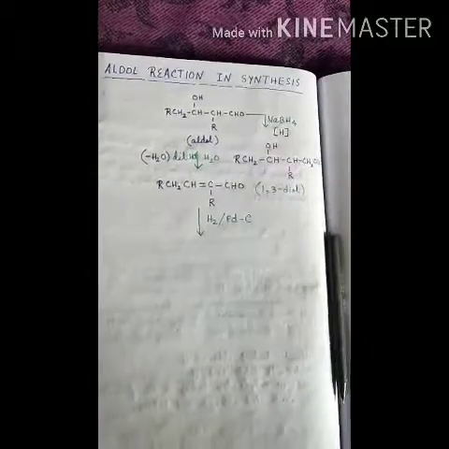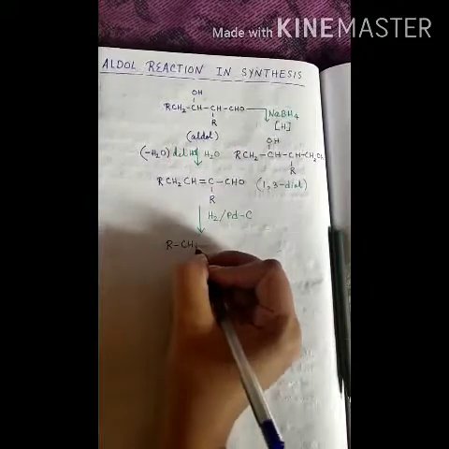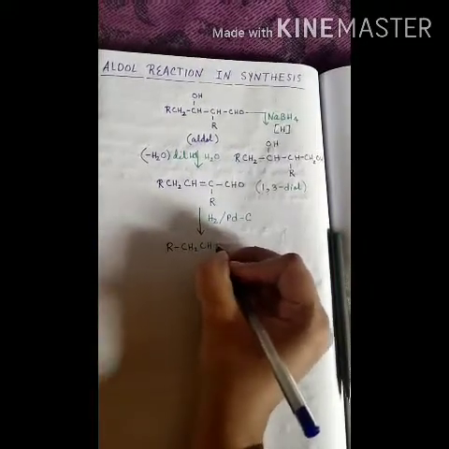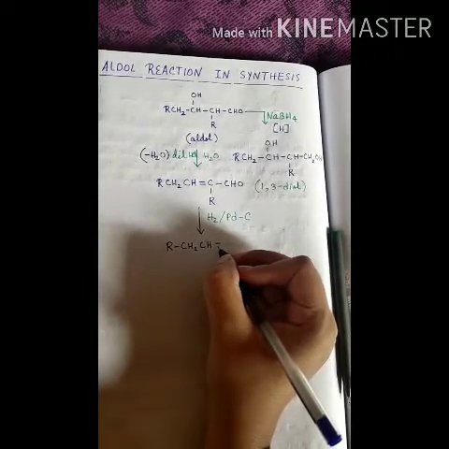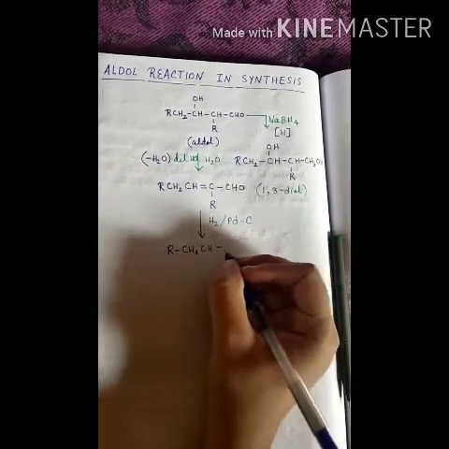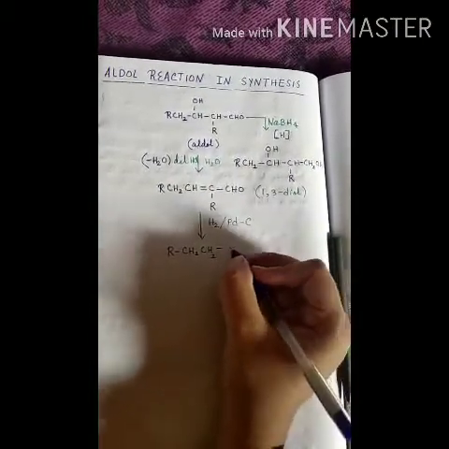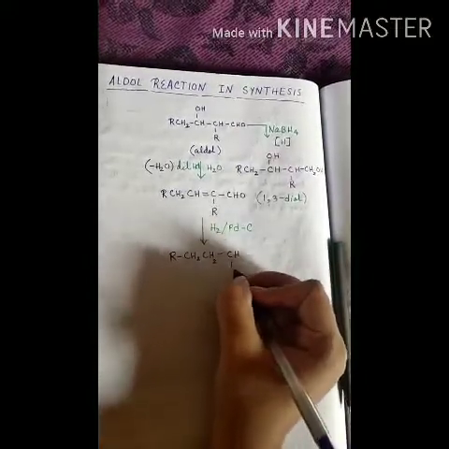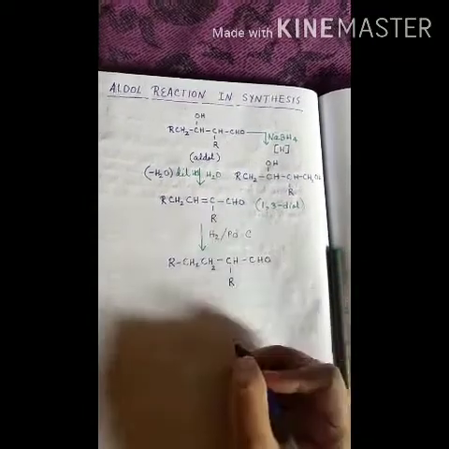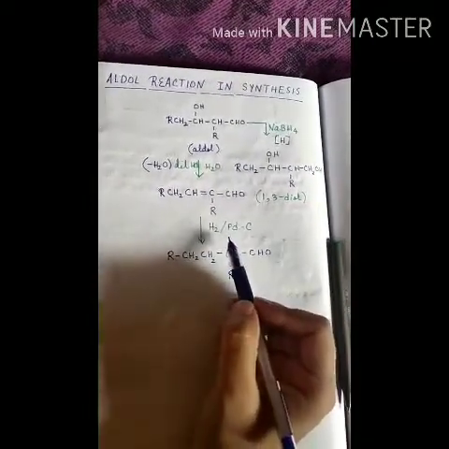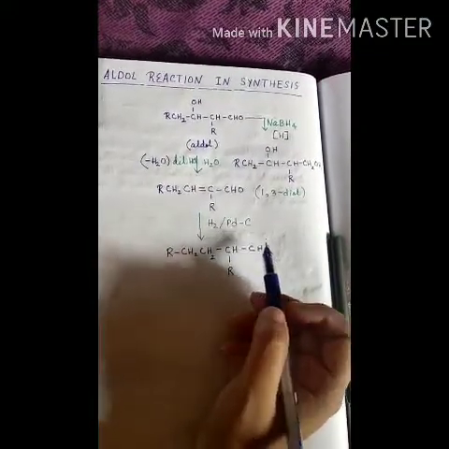So what we will get, again this aldehyde group will get reduced to alcohol, so we will get RCH2 CH2, this one also will get reduced, the double bond also will get reduced because this is a very strong reducing agent, RCHO. So if we reduce this with hydrogen and the catalyst is activated palladium over charcoal, what happens?